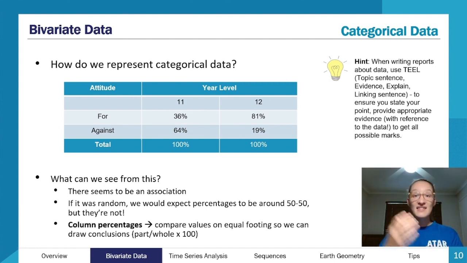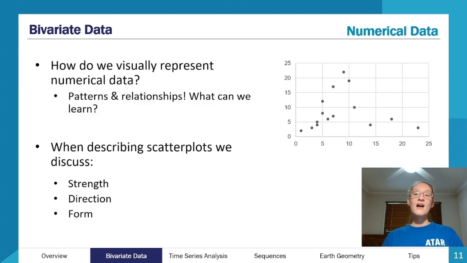And then you need to take that evidence from the table to back it up so that your marker knows that you do understand what's going on in the table. And then you make a point about it, elaborate if you need to, and then link it back to the question if you need to as well. So that's just one quick helpful guide. But I think it could possibly help some people if you're looking for a bit of a structure to help you when writing reports about two-way frequency tables.